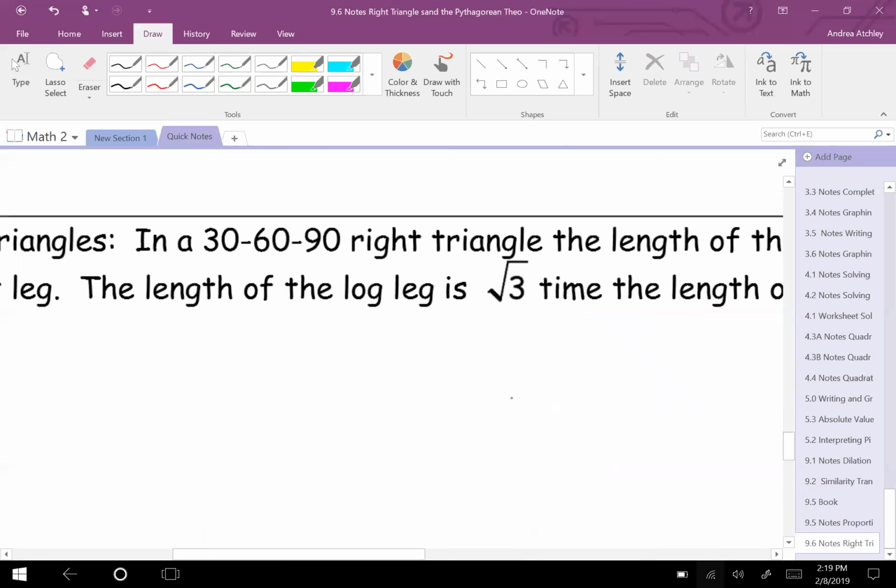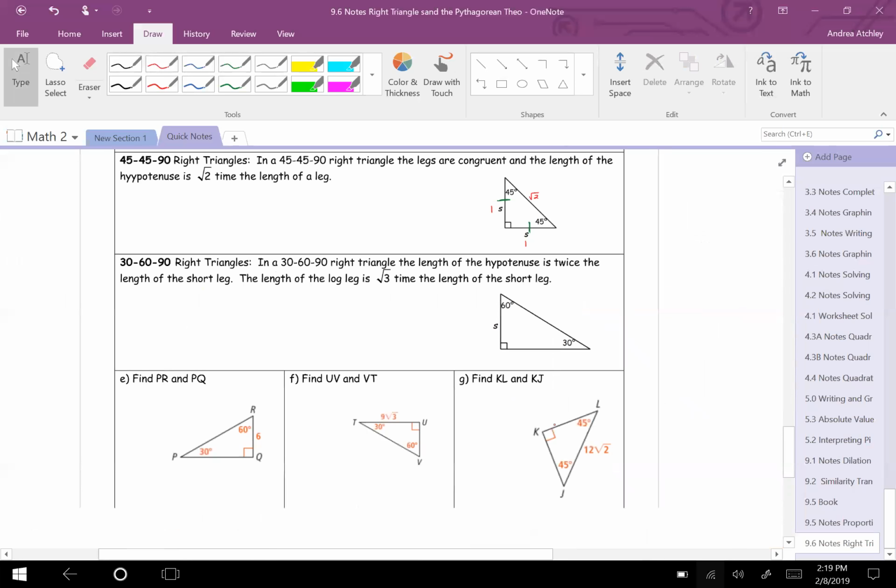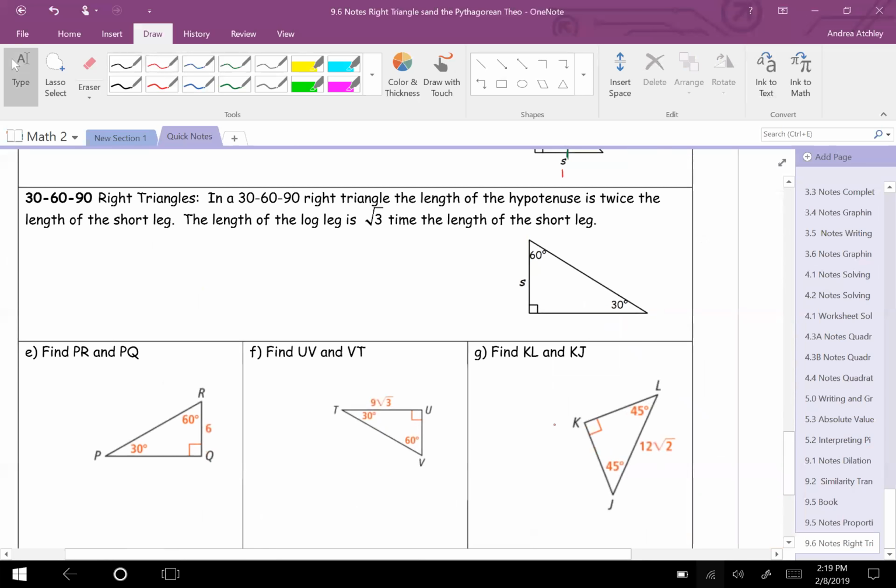Okay, now, what if I have a 30, 60, 90? This is another type of special right triangle. In a 30, 60, 90 right triangle, the length of the hypotenuse is twice the length of the shorter leg. The longer leg is square root 3 times the length of the short leg.